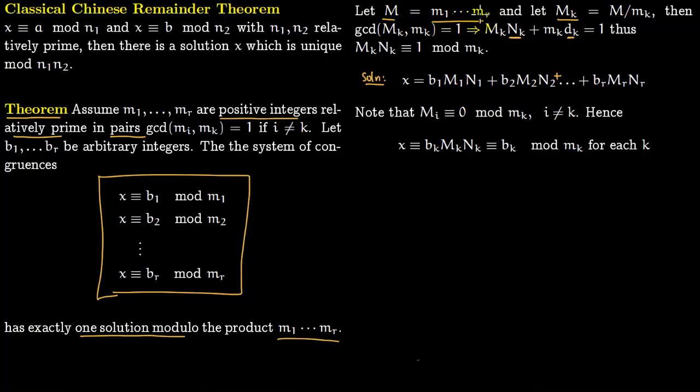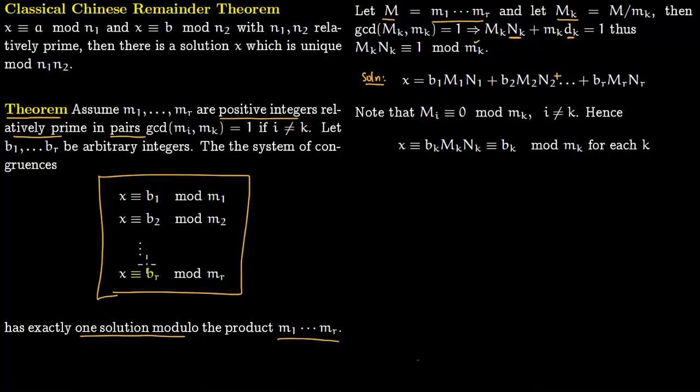You divide by small m2, you get capital M2. b1, b2 all the way to br are also given to us, and n1, n2, n3 all the way to nr you can compute from this equation, Mk nk is equal to 1 modulo mk. Small mk is given to us, and capital Mk you obtain from capital M divided by small mk. So you can compute this, put it here, and you get your x as solution.